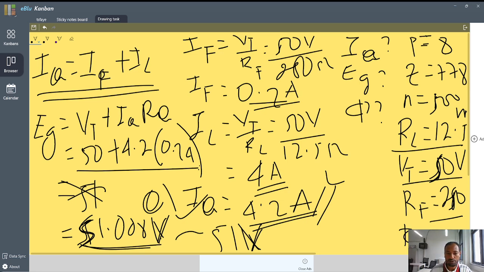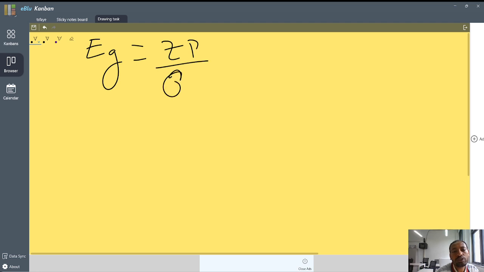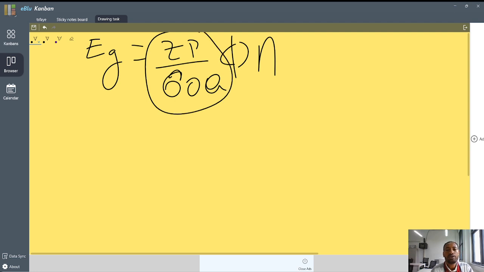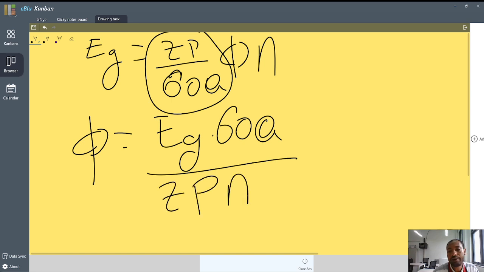And as I said, what is requested? Flux. Again from our EG, we can say EG = ZPφN/(60A). This is K prime, as you know. Therefore, φ is EG times 60A divided by ZPN.